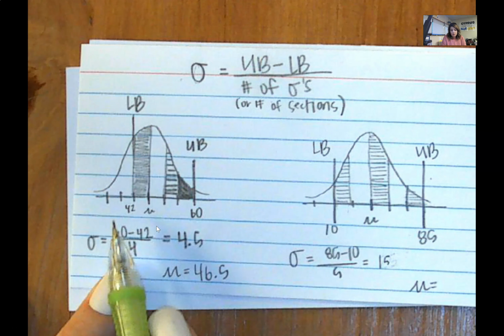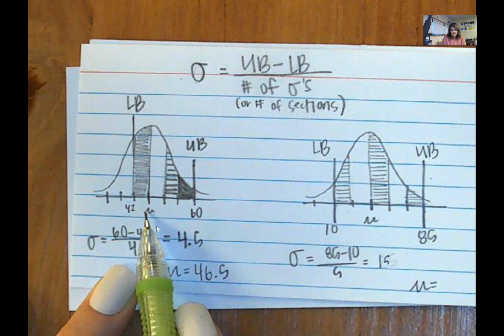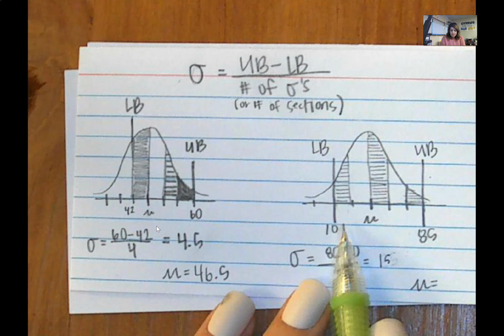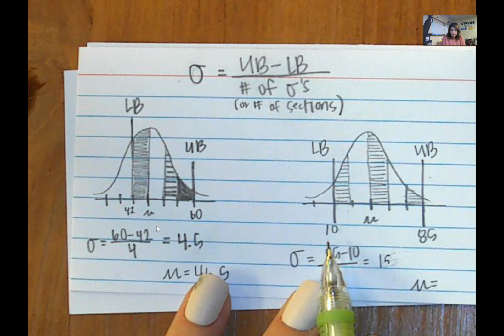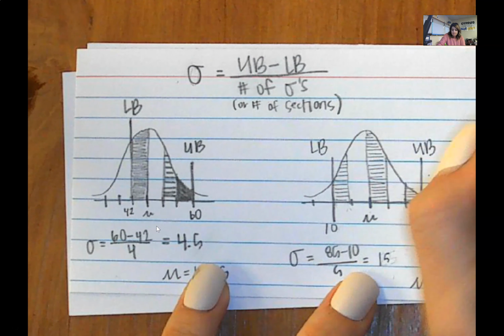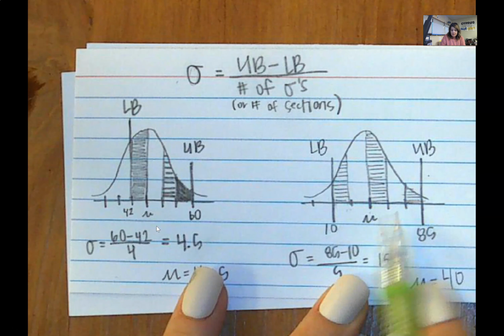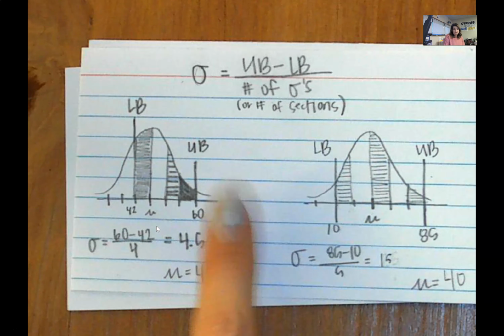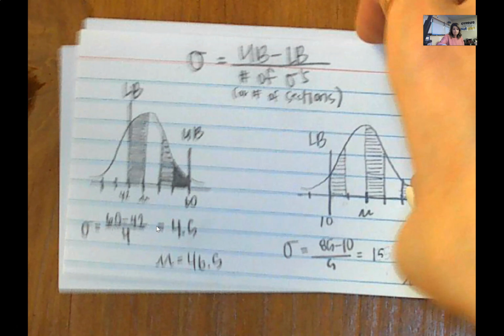I just took the lower bound and added the standard deviation until I got to the middle. Same with this one. If this is 10 and the standard deviation is 15, then this is 25 and this is 40. Just to double check, this would be 55, 70, 85. You will see this on your exam.